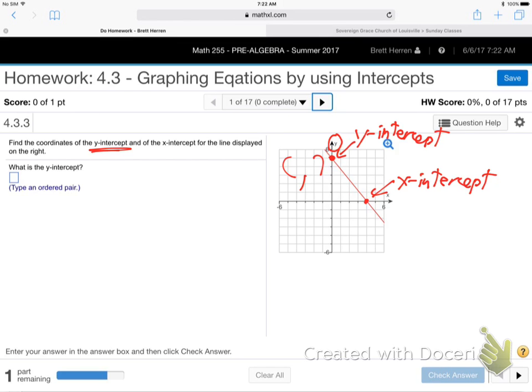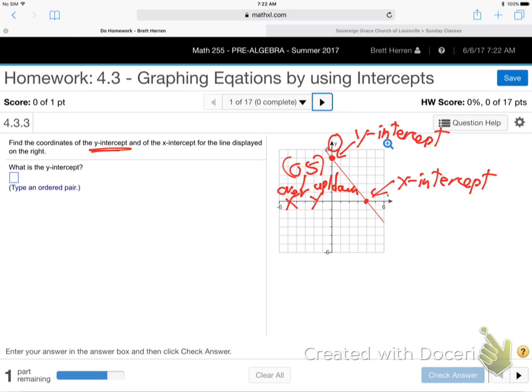Remember, the first number is how far over, the x. The second number is your up or down, positive up, negative down, the y. How far over and how far up is that y-intercept dot? It's over 0, up 5, from the middle. Does that make sense, to locate that point?